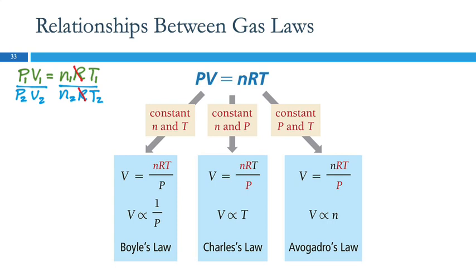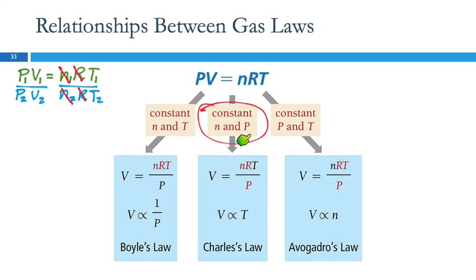So let's do this one: constant n and constant pressure. If the amount of gas is constant, that means that the initial moles of gas is equal to the final moles of gas. They are the same, right? And so if n1 is equal to n2, those cancel out.